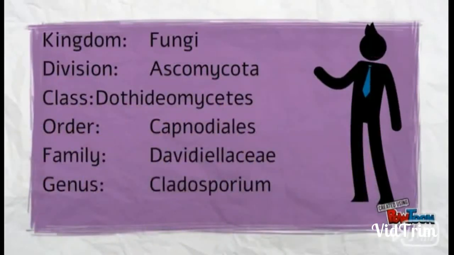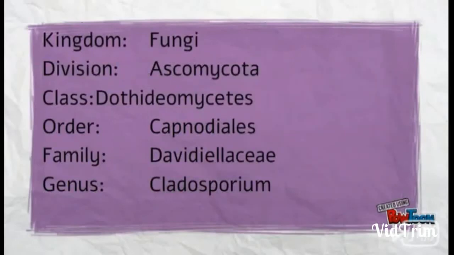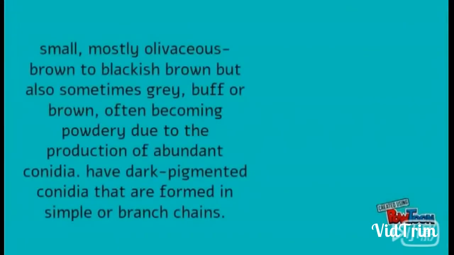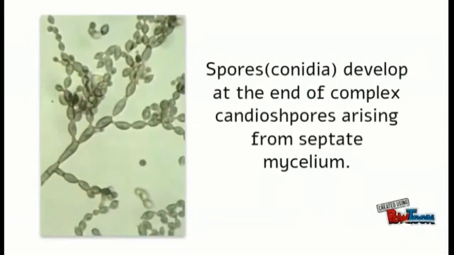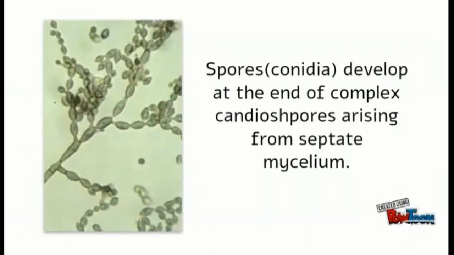Colonies are small, mostly olivaceous, brown to blackish brown, but also sometimes grey, buff, or brown, becoming powdery due to the production of abundant conidia. They have dark pigmented conidia that are formed in simple or branched chains. Conidia develop at the end of complex conidiophores arising from septate mycelium.